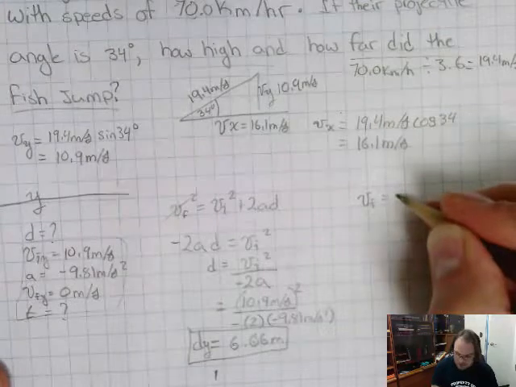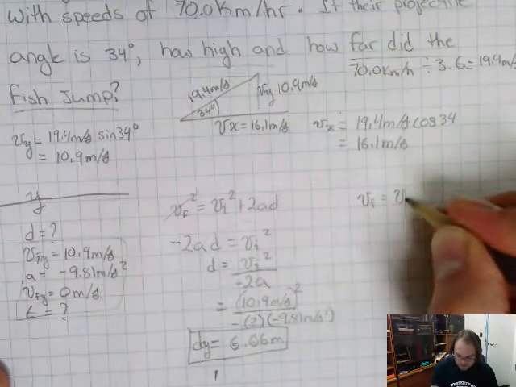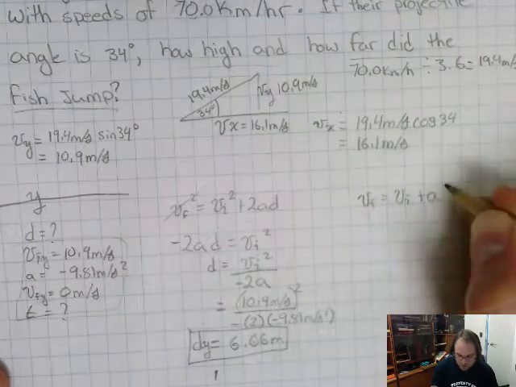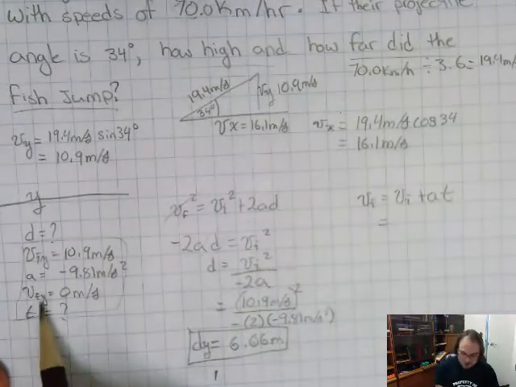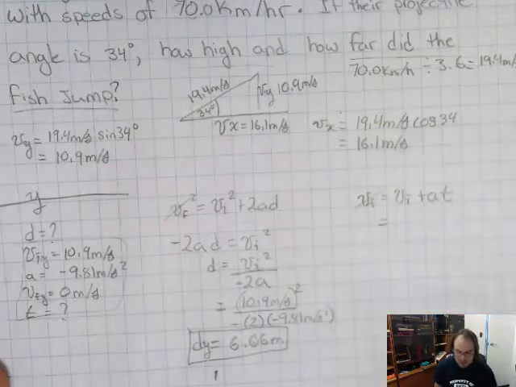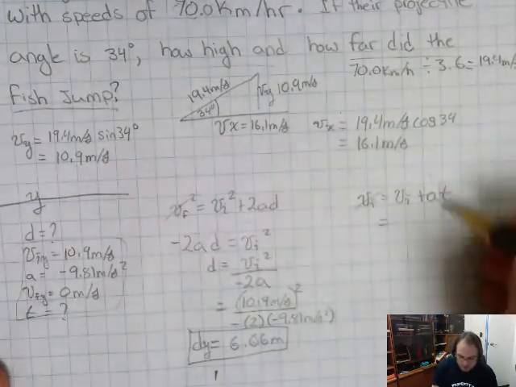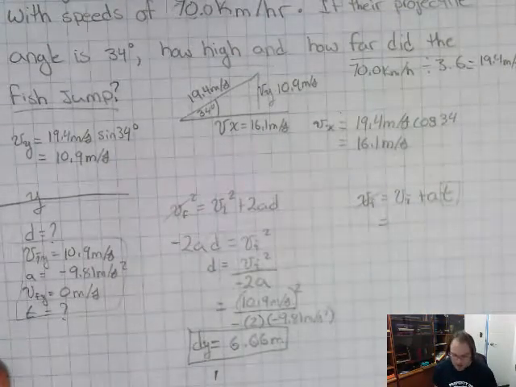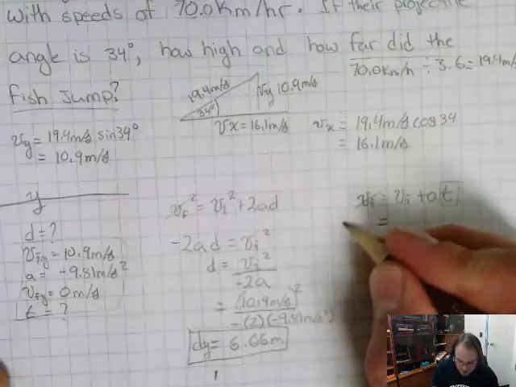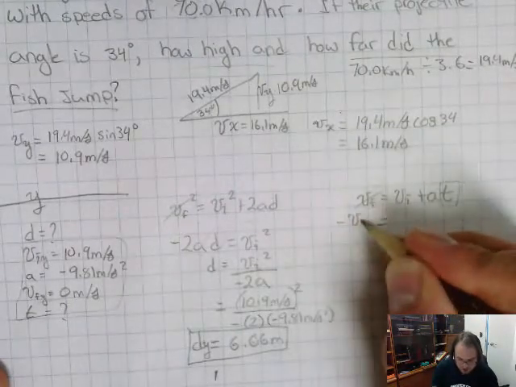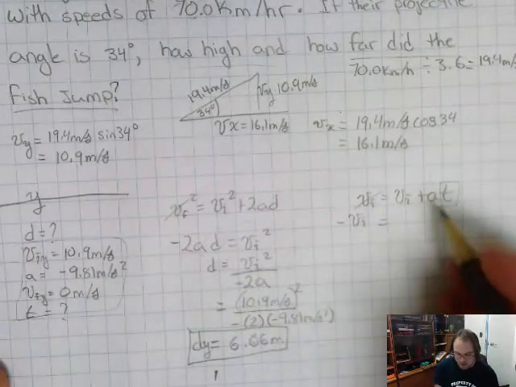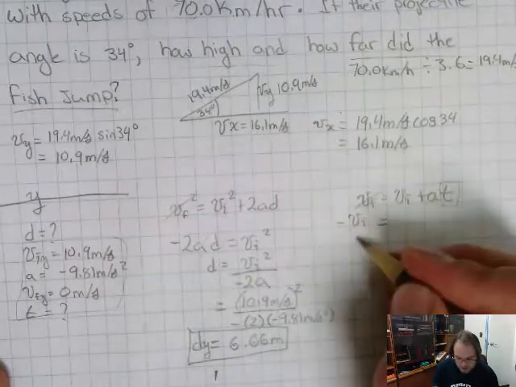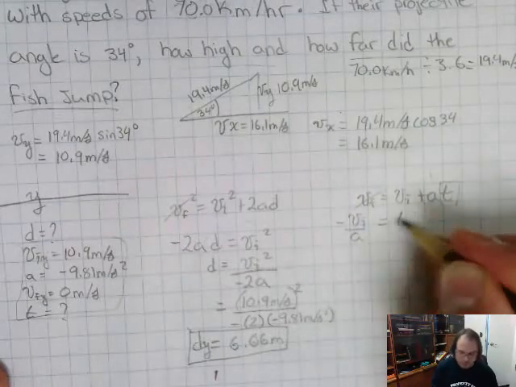Final velocity is equal to initial velocity plus acceleration multiplied by time. Now my final velocity there is 0, so we could ignore that. And we want to isolate for time. So I'm going to have my negative initial velocity, subtracted from both sides, is equal to a times t. Then we have to divide both sides by a. Negative initial velocity all over a is equal to my time.